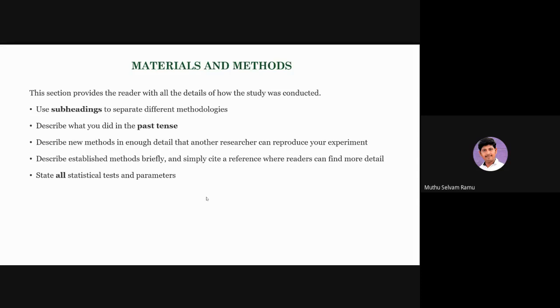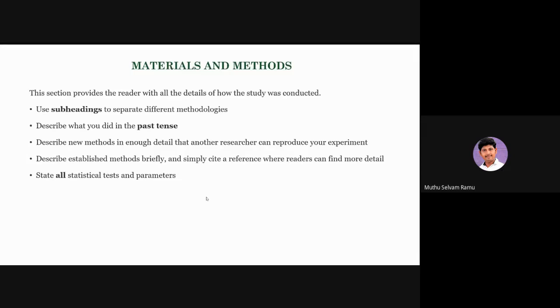Majority of the people have some problem with English while drafting the manuscript, and that reduces the interest of the reader. So materials and methods should be in past tense. But the introduction might be in both the present tense and the past tense. For materials and methods, it should be in the past tense.